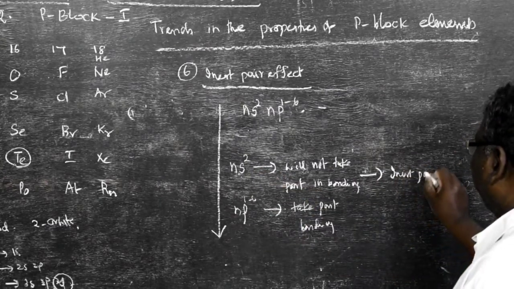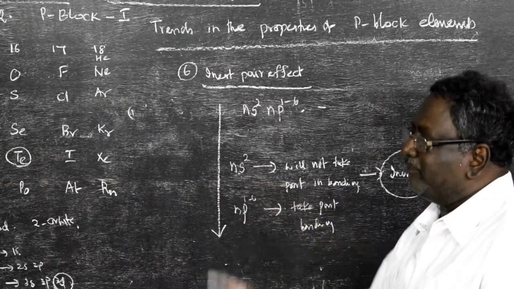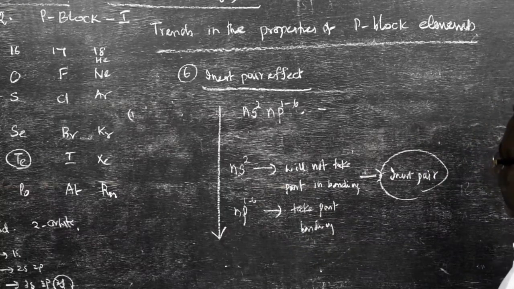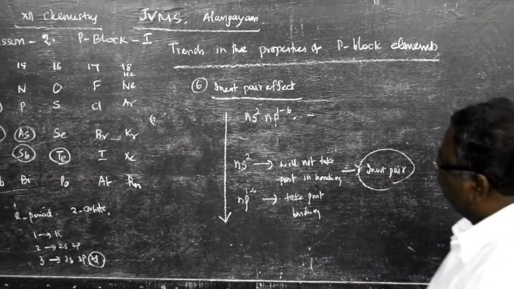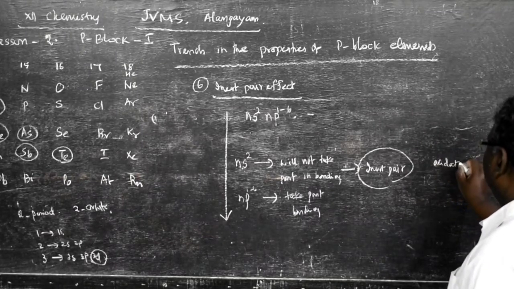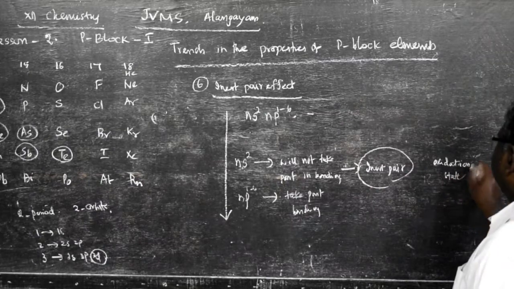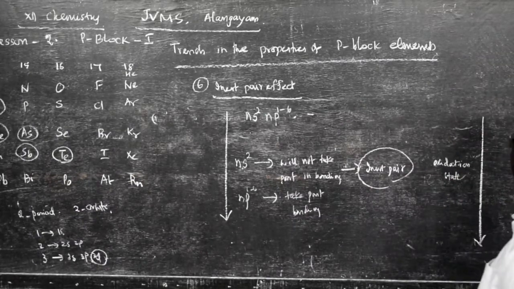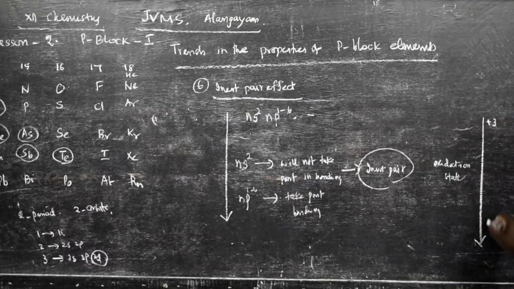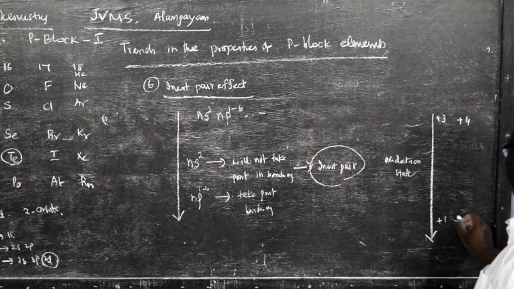These 2 electrons are called inert pair because they don't react. Because of that, the oxidation state decreases. For example, in the boron group, it decreases from +3 to +1. Here it changes from +4 to +2.